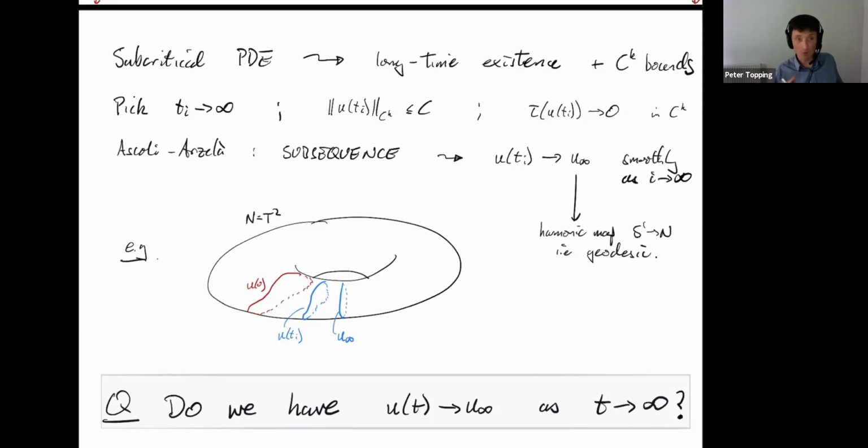They proved a convergence result, first of all, at a sequence of times t_i going to infinity. And then Hartman came along very shortly afterwards and showed that in their situation, where you're mapping into a certain type of target manifold, a negatively curved target manifold, you do actually get nice convergence as t goes to infinity.